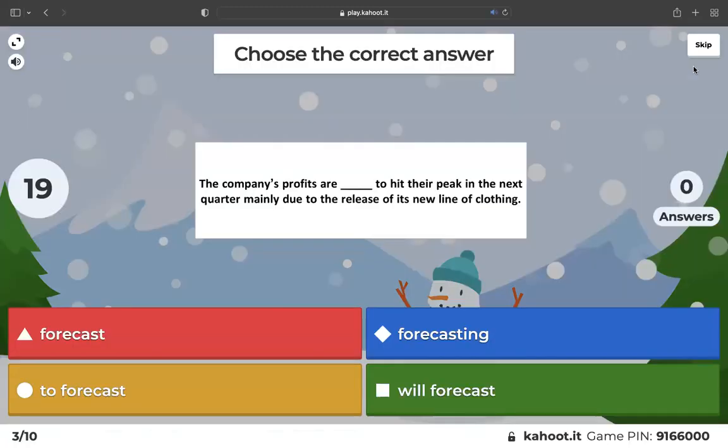Question number 3. The company's profits are to hit their peak in the next quarter, mainly due to the release of its new line of clothing. You can do it, guys. 3, 2, 1.